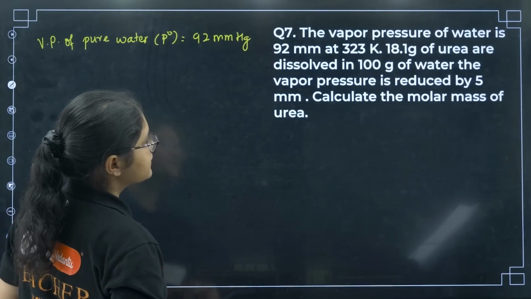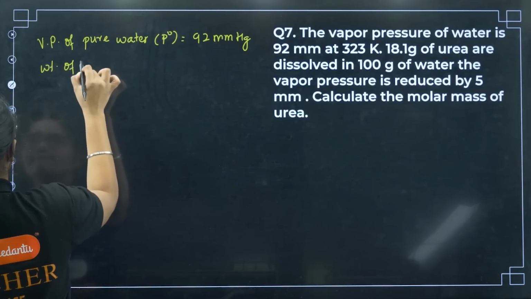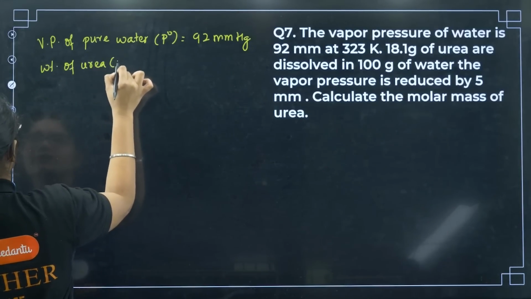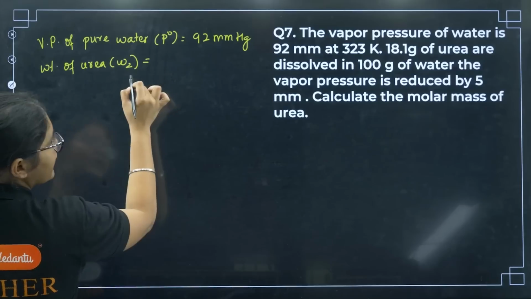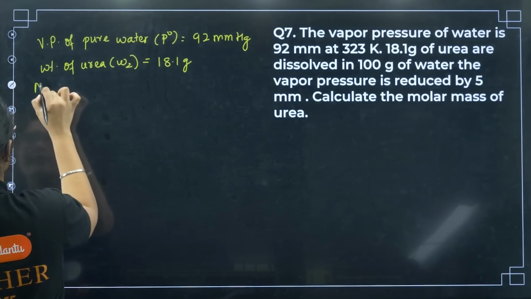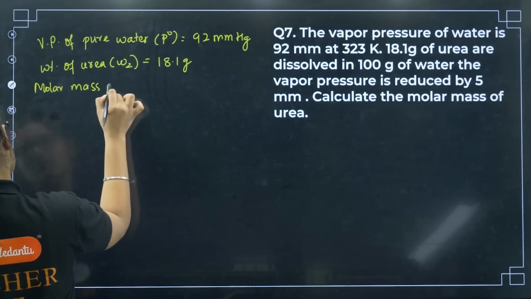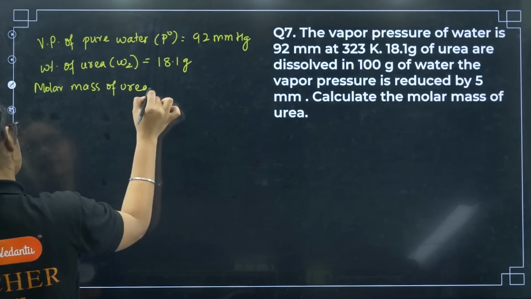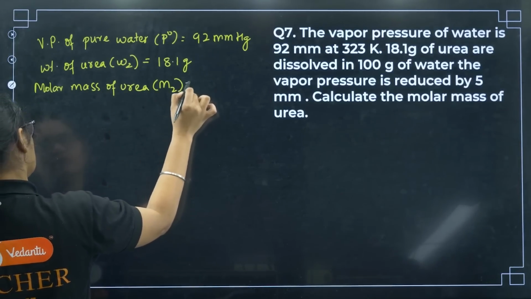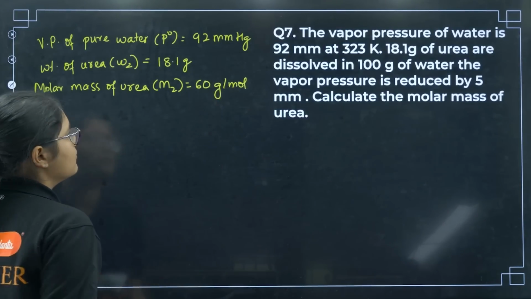Next, write down weight of urea, which is W2, solute, that is your 18.1 gram. Here only you can write down molar mass of urea, that is M2, which is 60 gram per mole.